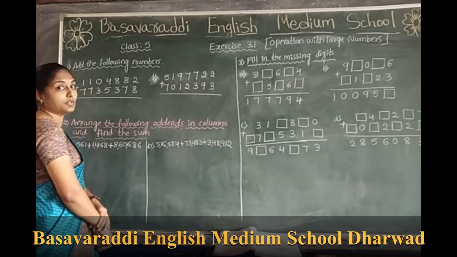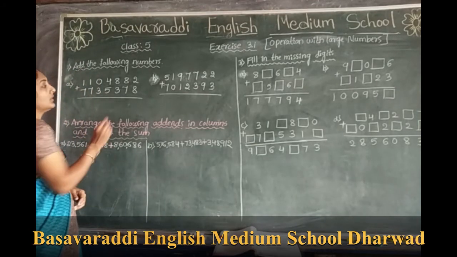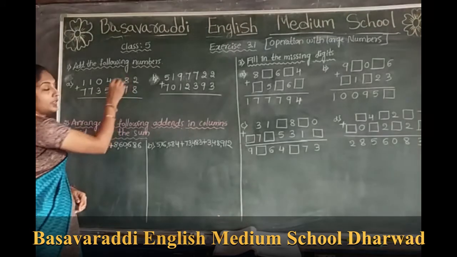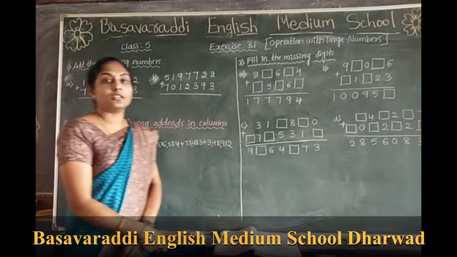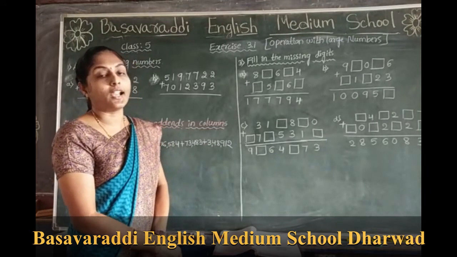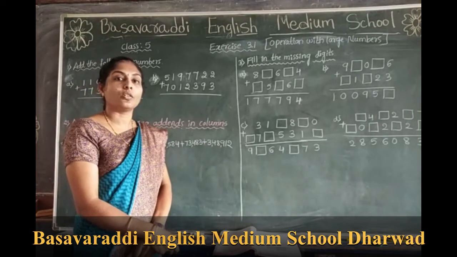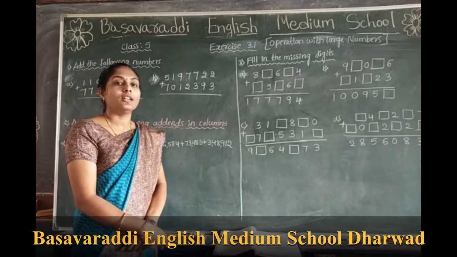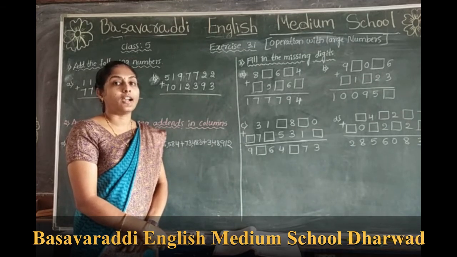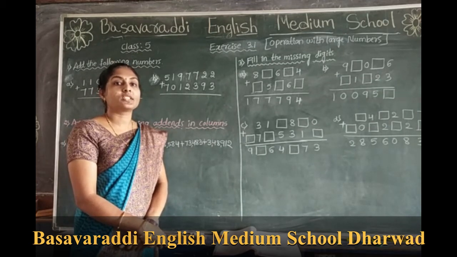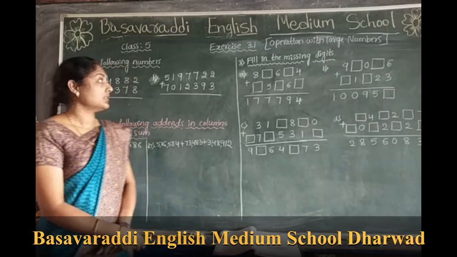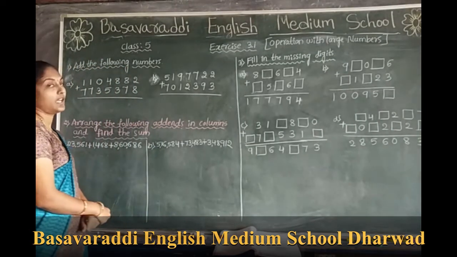How to add the numbers, we have to learn now. Whenever you write the numbers one below the other, addition is done column-wise from right to left. Always start adding from the lowest place and go to the highest place.